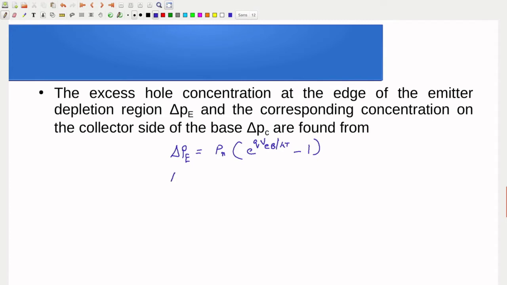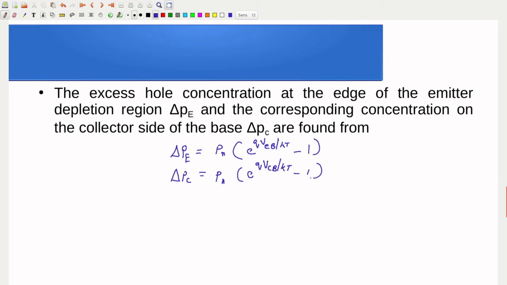Similarly, delta PC, if you remember, is the concentration of holes injected from collector to base, and will be equal to Pn e raised to QVCB by KT minus 1, where VEB is the voltage applied at the emitter base junction.